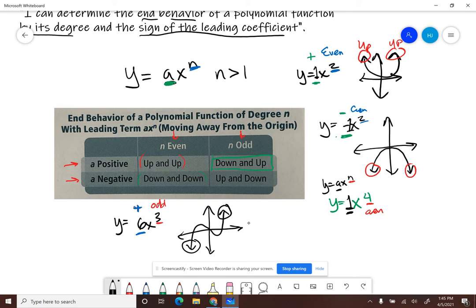Conversely, if I were to take y equals negative 4x to the third, notice again, my a term is negative 4. This time it is negative. And as well, I have an exponent that is odd.